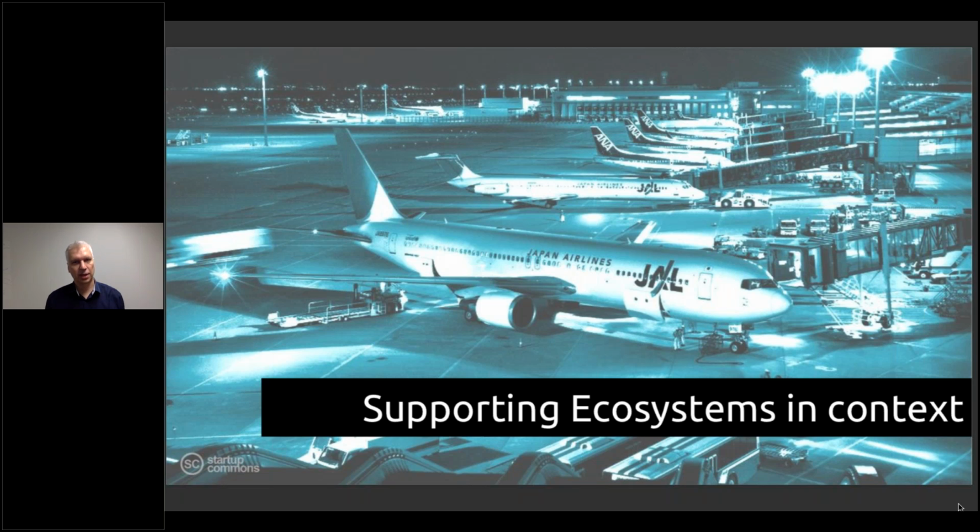And then if we think about the supporting ecosystem in context, of course there are those who are helping you to land in a new market. There are those who are helping you to exit, to go to different markets. There are those who help you to refuel. There are those who help you to get rest and get prepared.